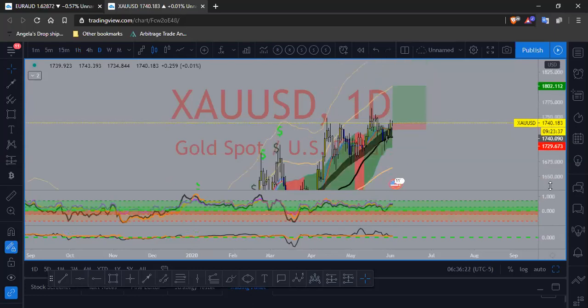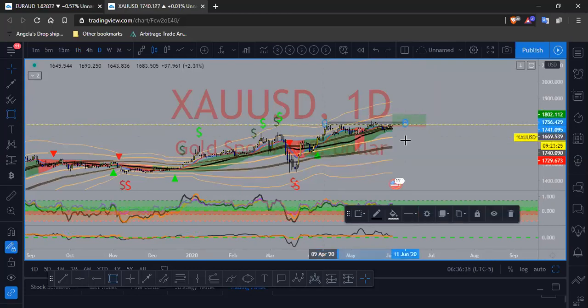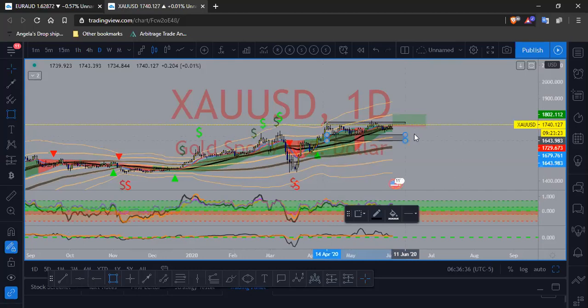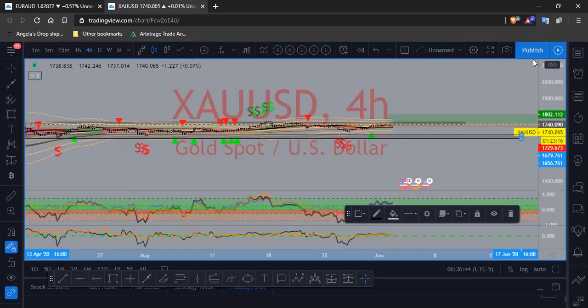Like, you got the buy right here. It's just been consolidating in this whole area right here. Between here and here is where gold has just been consolidating for basically a month and some.